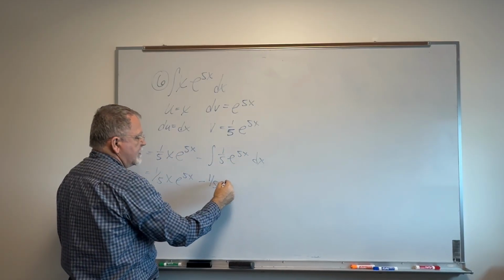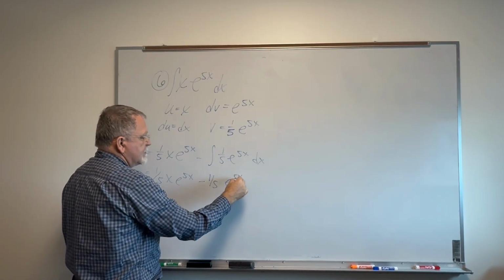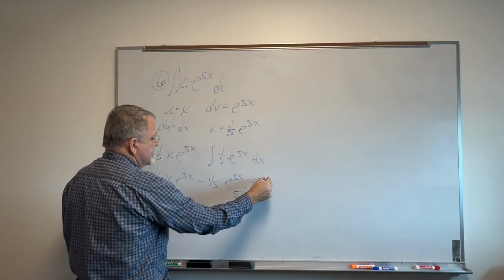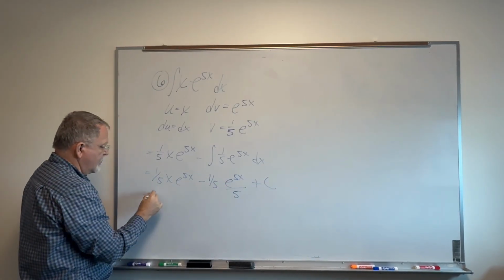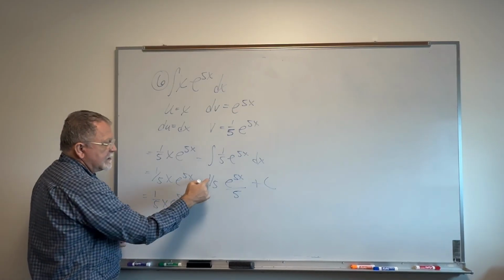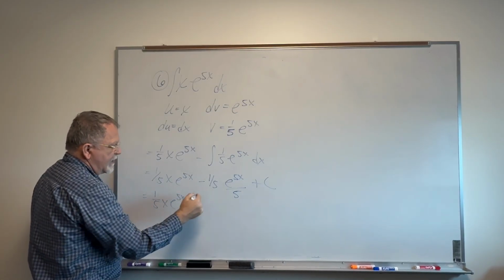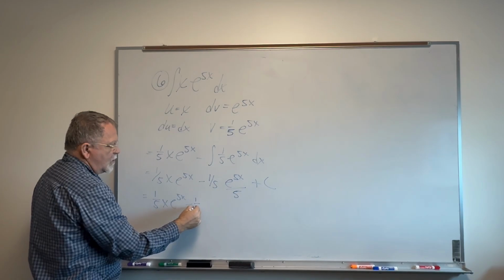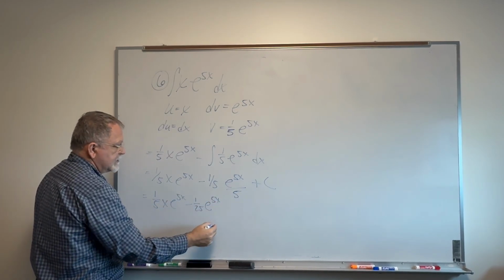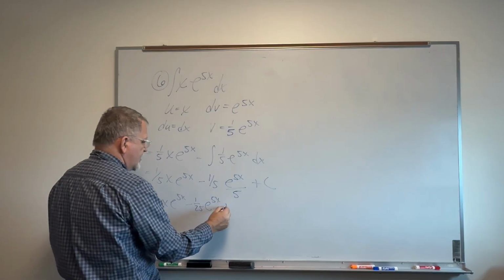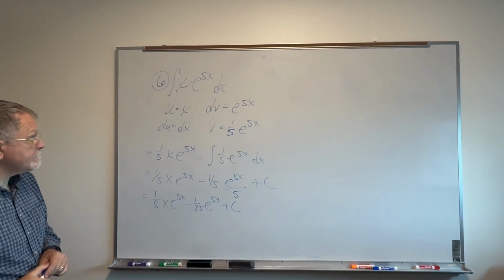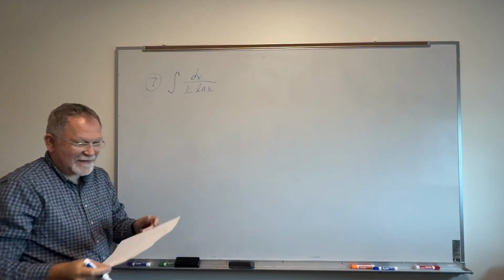Well, that will be e to the 5x all over 5 plus a constant. So I get 1/5 x e to the 5x, and dividing by 5 again, that's going to be minus 1/25 e to the 5x plus our constant. There it is.